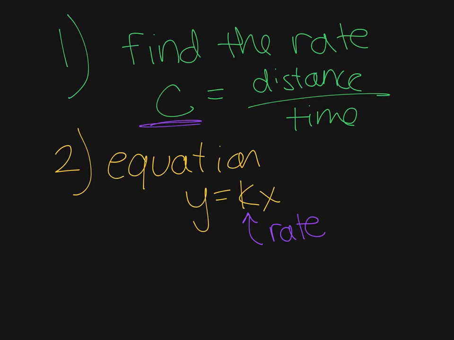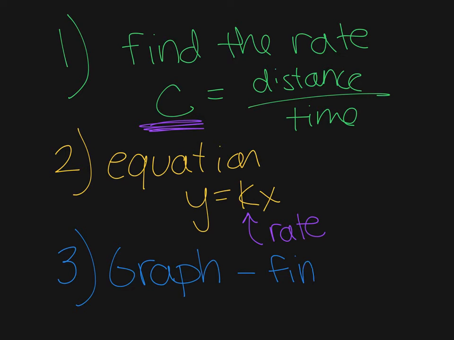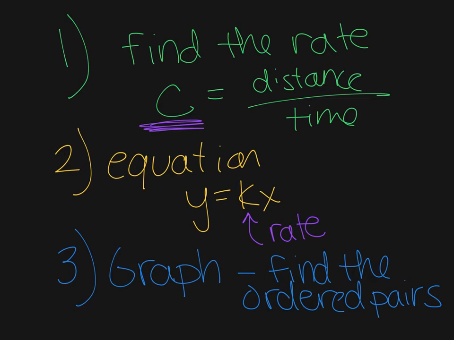So whatever that rate was from this first part, you put into that spot in my equation, and that will give me an equation that I can then use for part 3, which is graphing, where you've got to find the ordered pairs. Once you've found the ordered pairs, plot them, and you can move on to the next equation.